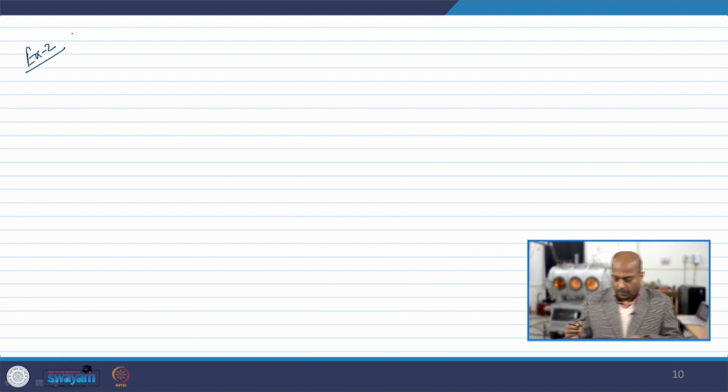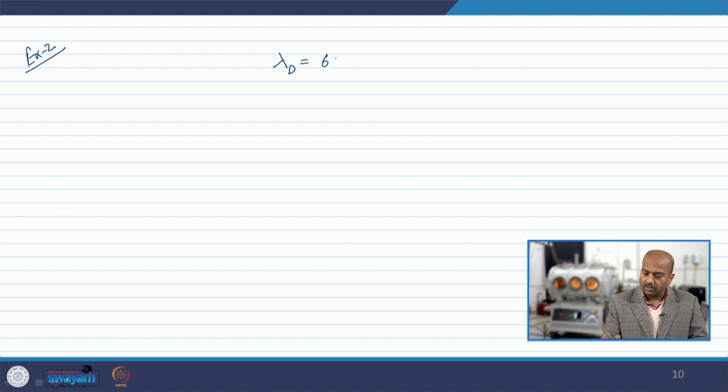Now, let us say we take another example, example number 2. So, we can write the formula for Debye length by substituting all the known values of constants. We can write it as 69 times square root of T by n when the temperature is in Kelvin. Okay. So, we know that 1 electron volt is equal to 11,600 Kelvin.